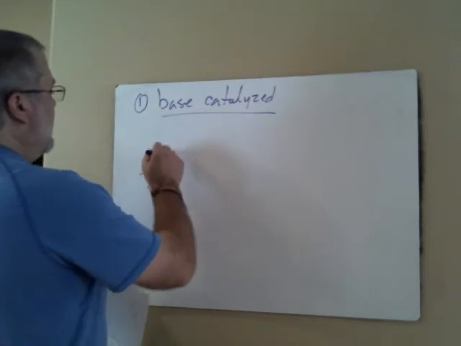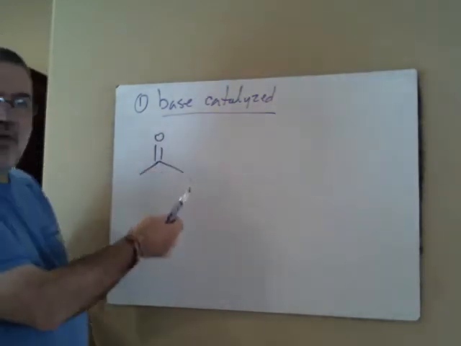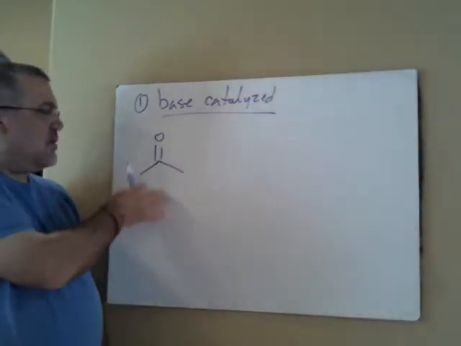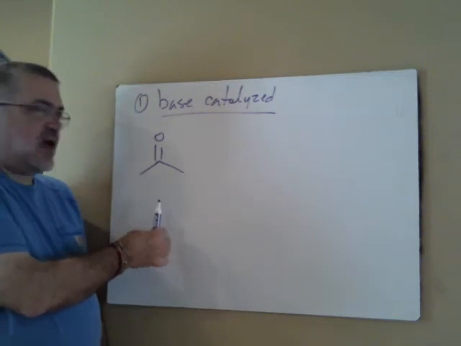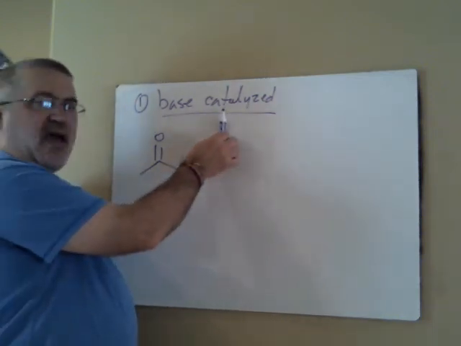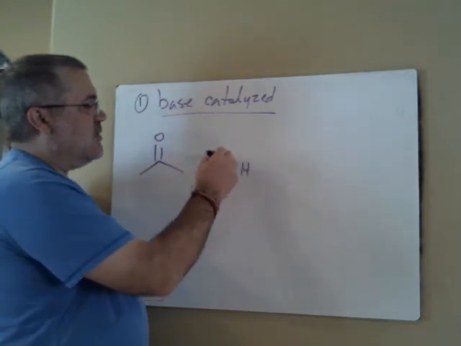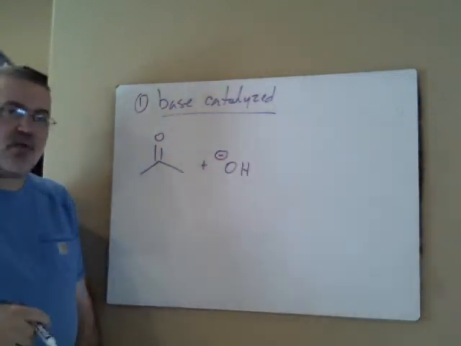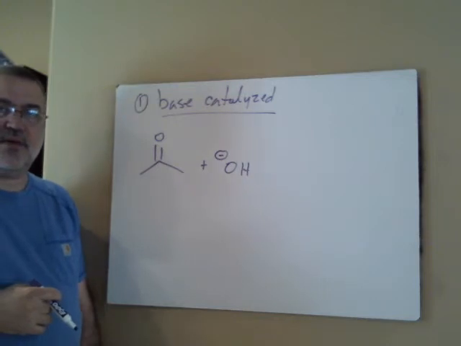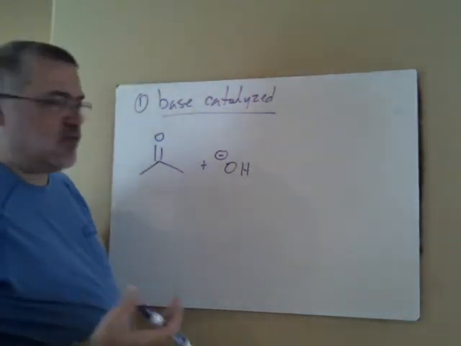So if we have a base catalyzed reaction of water with my ketone, if you're in a base, water is going to exist as OH minus. That's the basic form of water.